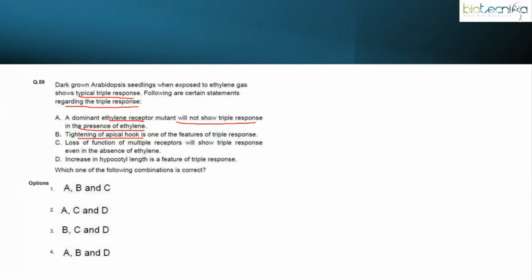Tightening of apical hook is one of the features of triple response. Loss of function of multiple receptors will show triple response even in the absence of ethylene. Increase in the hypocotyl length is a feature of triple response. Now identify the correct combination of statements from here.